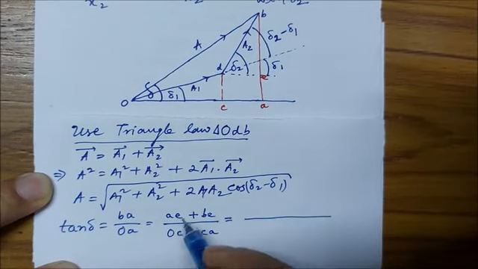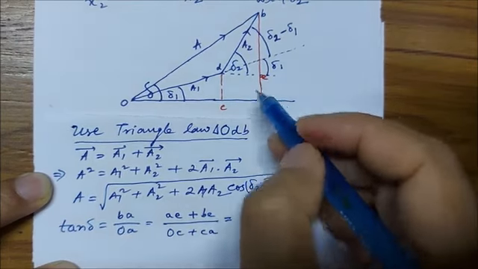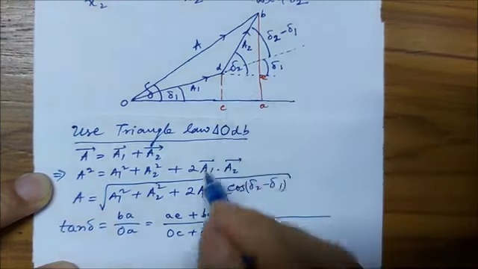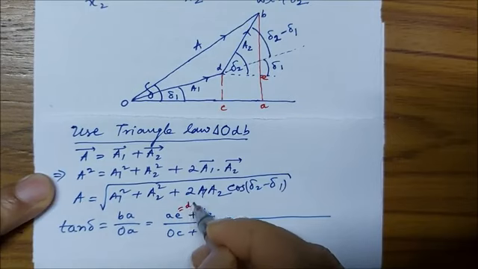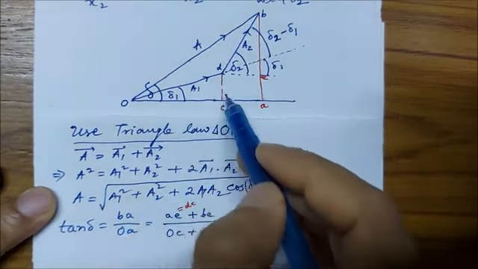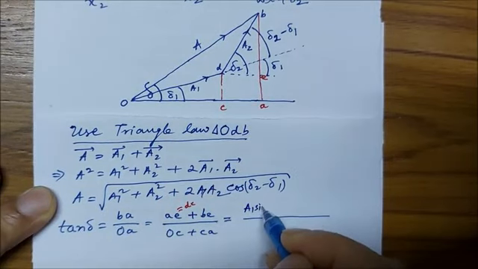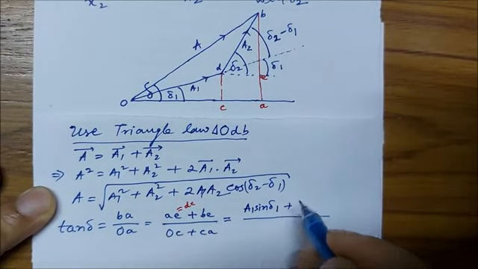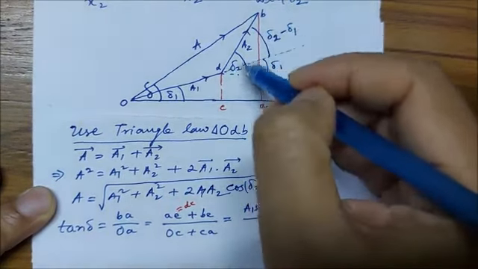Now what is AE? AE is actually DC. So this is DC, which is A1 sine delta 1 plus BE is A2 sine delta 2.